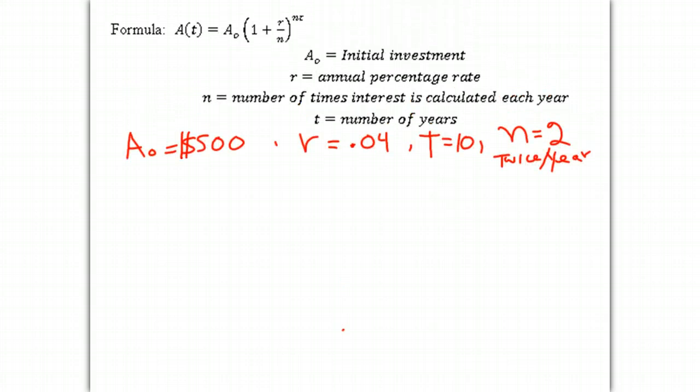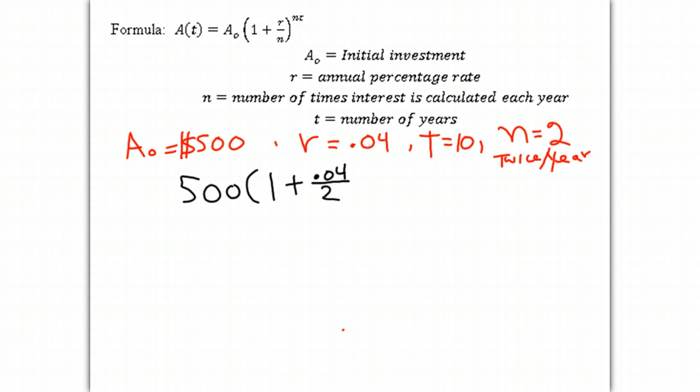According to our formula, we have 500, our A sub 0, times 1 plus, and you notice that we have 0.04, which is our rate, but we're dividing it by 2, which is the number of times we're compounding a year.